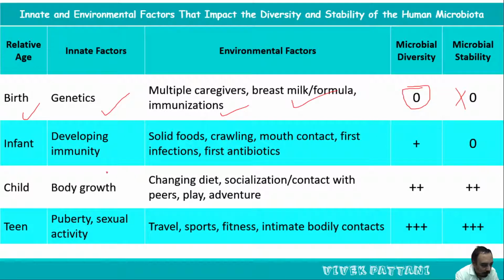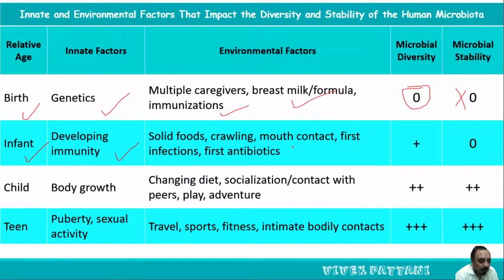Okay, now moving forward with the infant stage. Innate factors: immunity will start developing. And the environmental factors which will be added: now the child will be able to eat foods, will be able to crawl and come in contact with other persons, as well as may have infections, and may use antibiotics in the case of infections also.